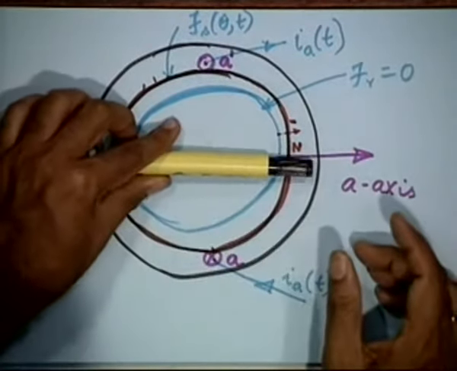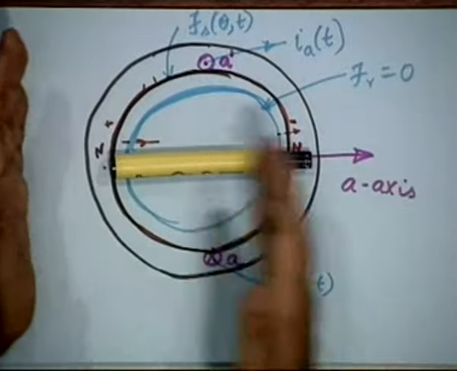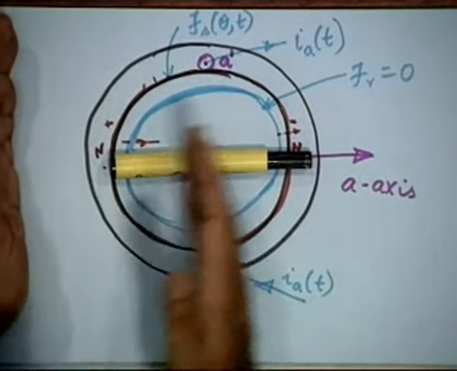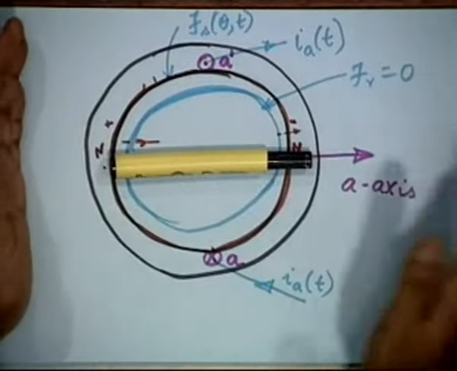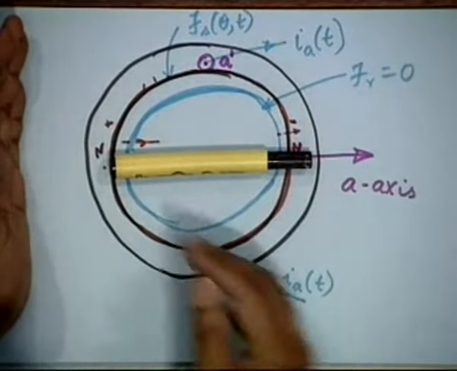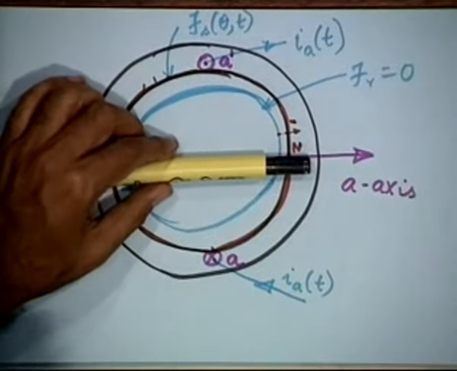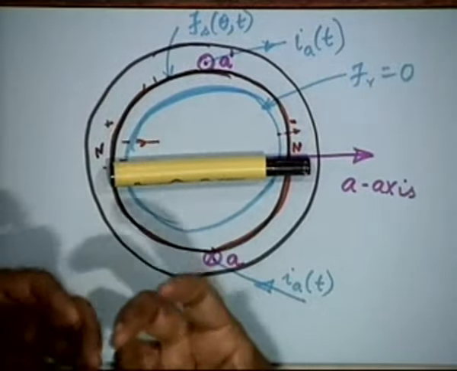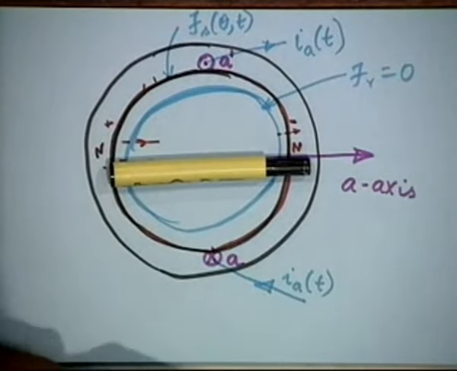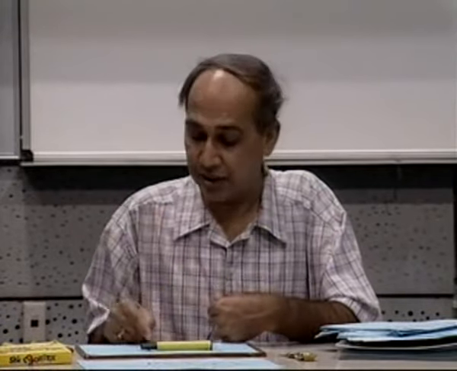So, you are likely to get what is known as a fluctuating or oscillating MMF in space, but it is always centered along this axis. It does not change the axis. So, logically you can expect that you have a magnet placed there whose strength is changing with time, and not only that, its direction is also likely to change when the current direction changes here. Okay.